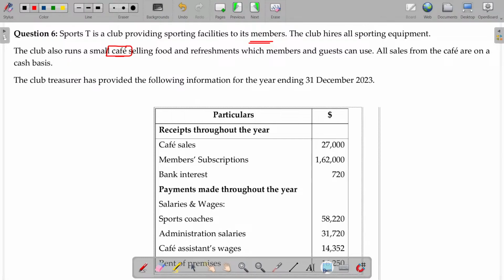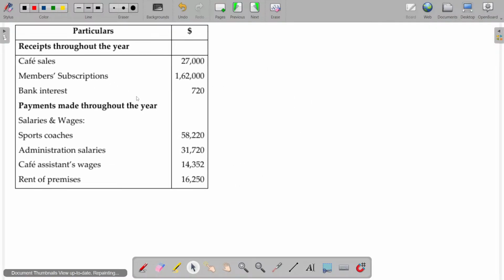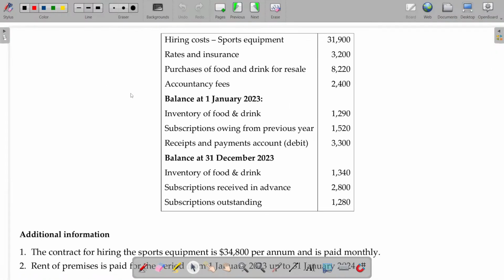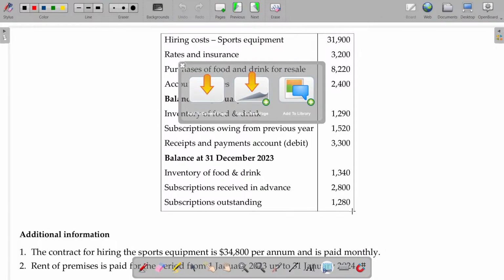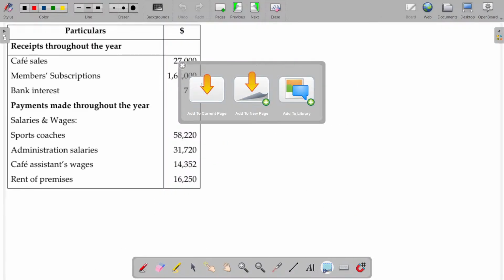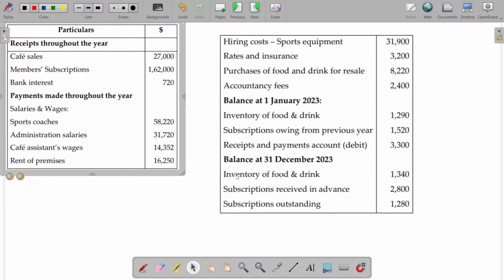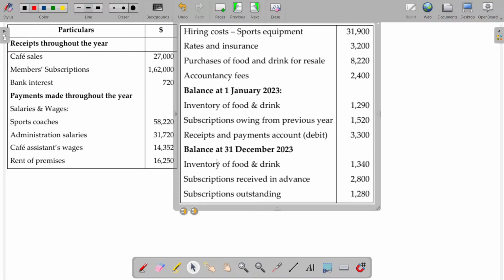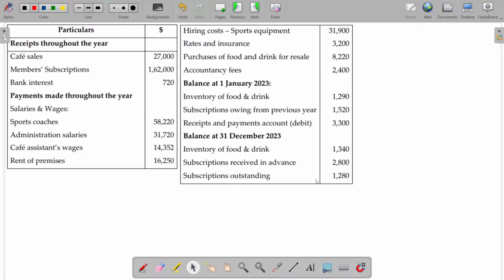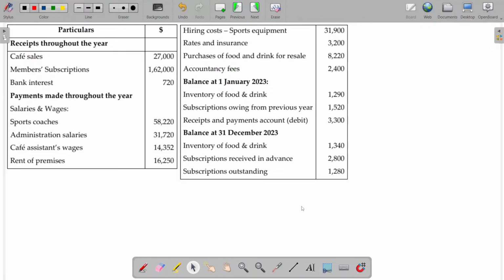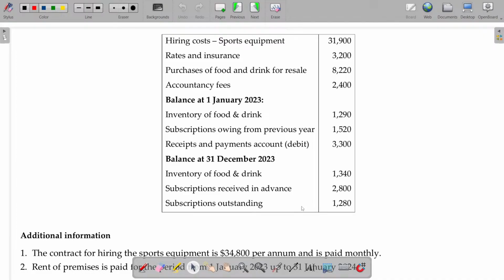Okay, we'll start this one. Receipts and payments. And apart from that, these additional particulars are also available. I think all these things are again payments only. One of the lengthiest illustrations.